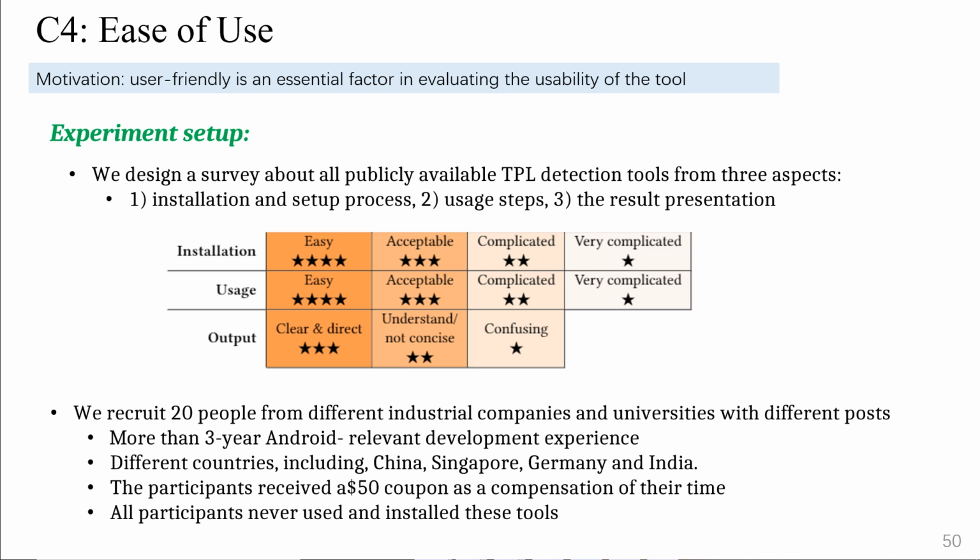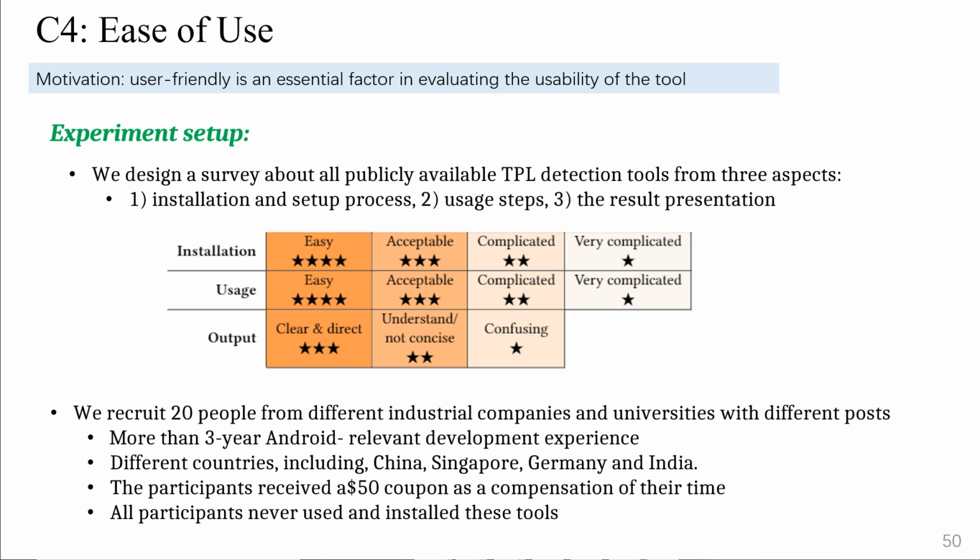For the last experiment, we try to verify which one is the most user-friendly tool. Here we design a survey about all of these publicly available tools from 3 aspects. The first one is the setup process.